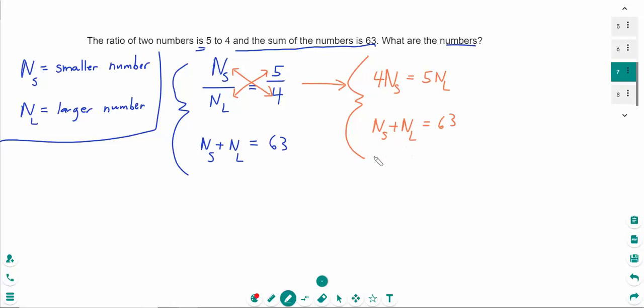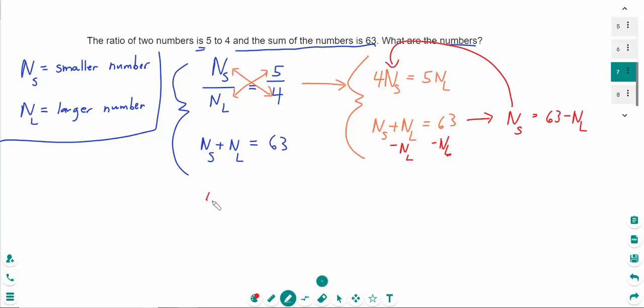I might use substitution on this one because I just feel like you can take this second equation and very easily solve it for n sub s, by just moving this n sub l over to the other side. So n sub s is going to equal 63 minus n sub l, right? And then knowing that, I can now plug that into this top equation.